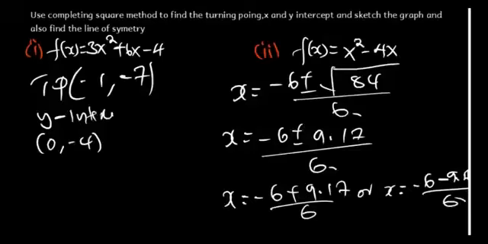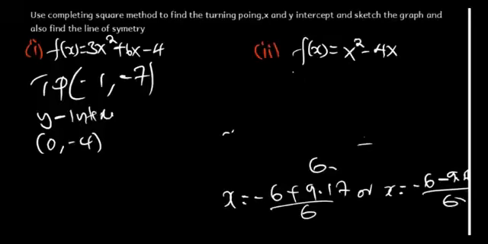So what will be the values of x when y is equal to 0? We have negative 6 plus 9.17, which I divide by 6. I'm getting 0.53, rounded off.